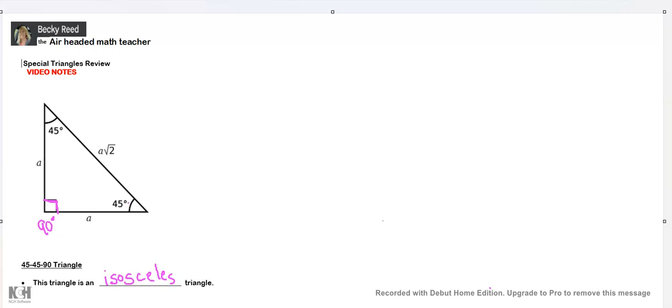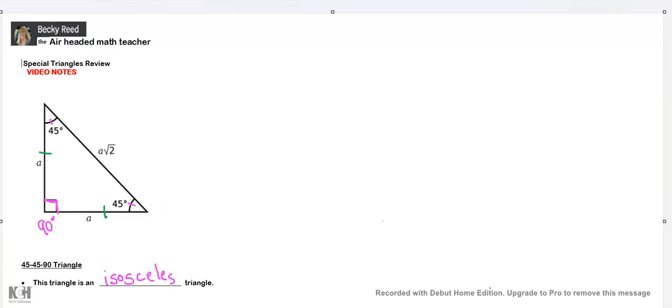So they are congruent, the same measure. That makes things kind of easy. And because the two angles are congruent, the opposite sides are also congruent. So whatever the length of this leg of the triangle is, that's what this leg will also be.